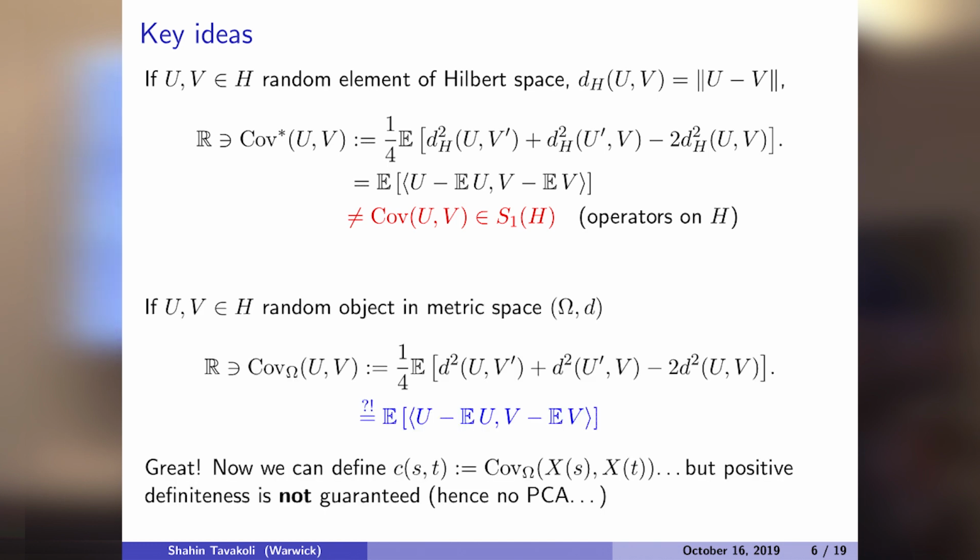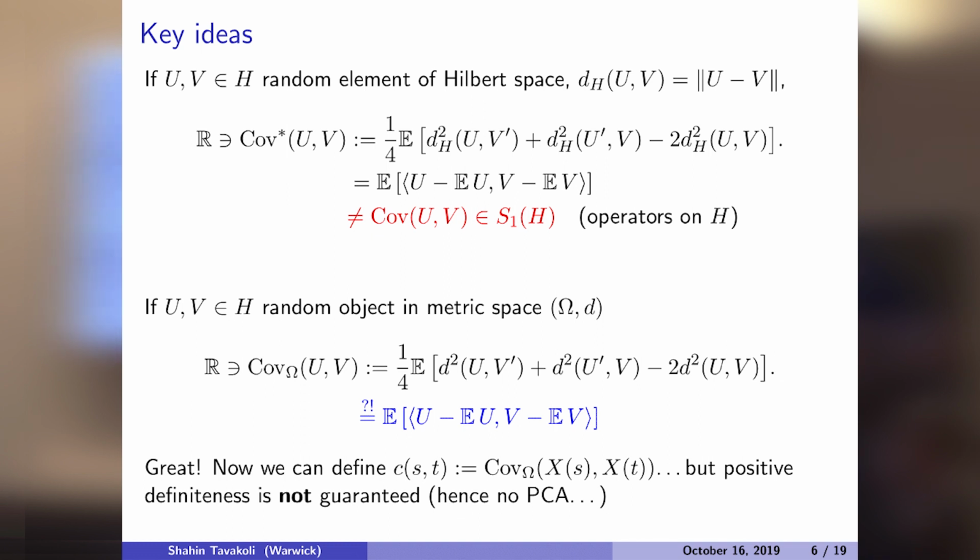But then you have this nice definition in terms of metrics. In a metric space, you define the covariance using this equality that only involves distances. Does it correspond to an expectation of an inner product? Well, you don't have inner products, so forget about it.